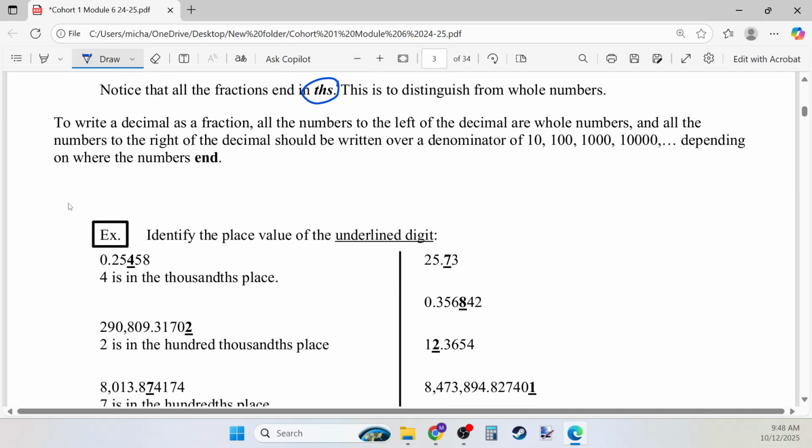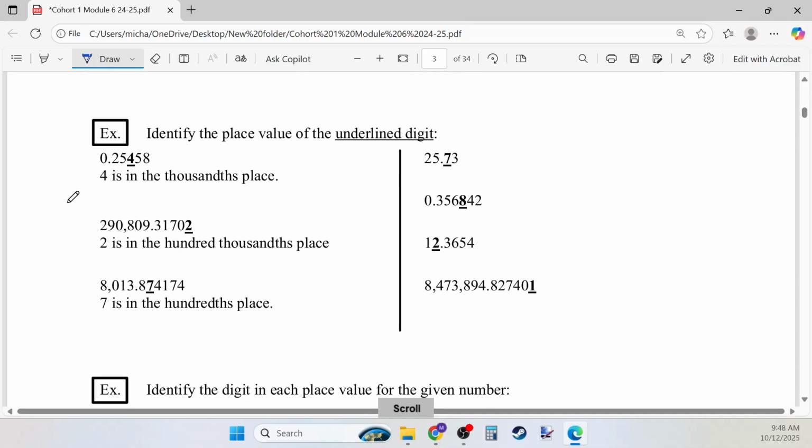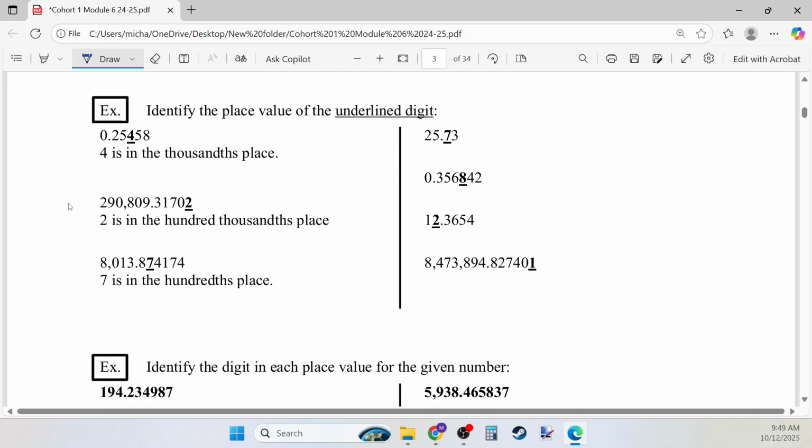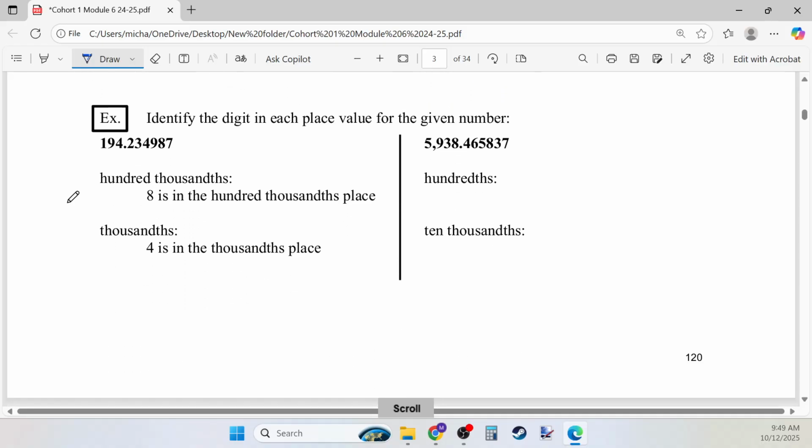All of the fractions will end in THS, tenths, hundredths, and so on. So this one here is in the thousandths place. This is in the tenths. This is in the ones, and I think you can do the rest yourself. On the other hand, if I'm looking for the hundredths, THS means it's going to be smaller than 1.